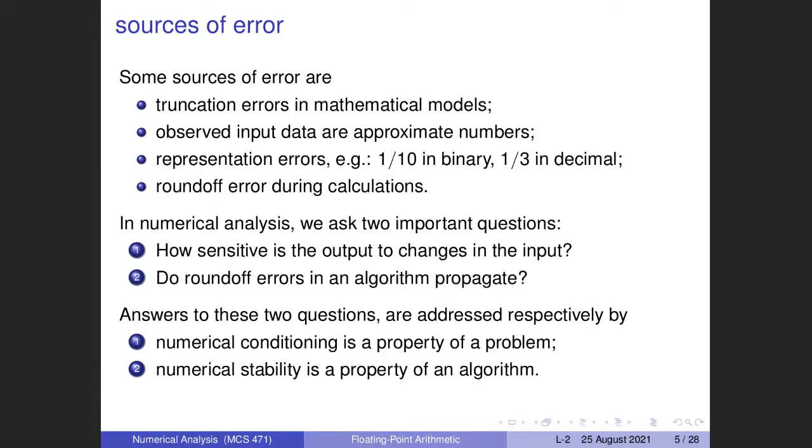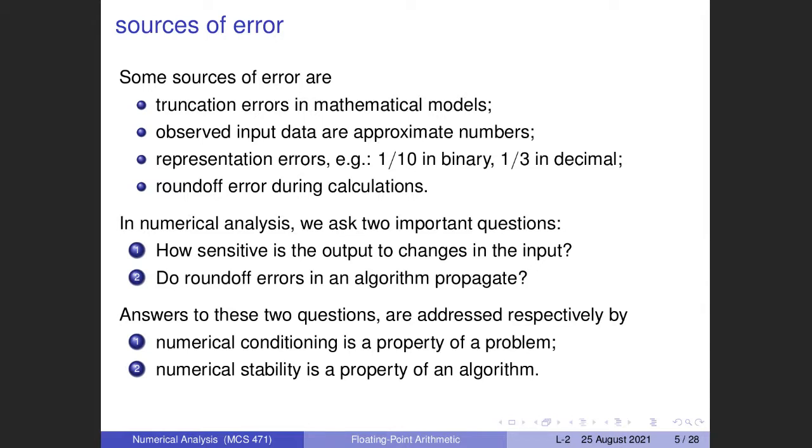So 1 over 10 is 0.1 because we have 10 fingers. It's not exactly representable in binary. And that leads to another source of error, representation errors. So even a nice number as 1 over 10, a nice rational number, already leads to a representation error. And then the last source of errors are round-off errors. We will see in this lecture how round-off errors occur.